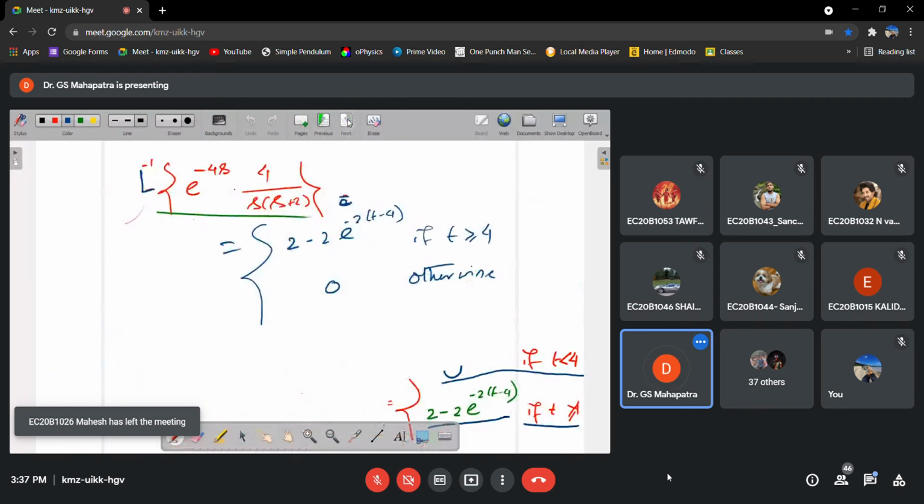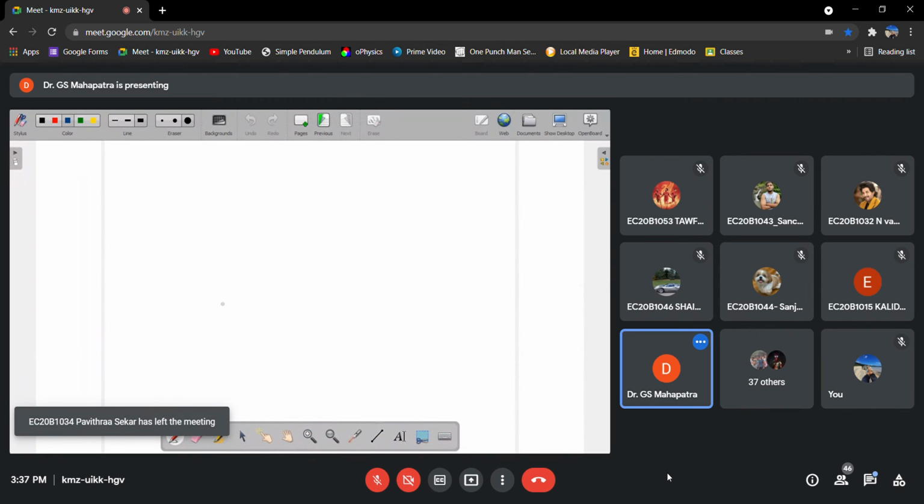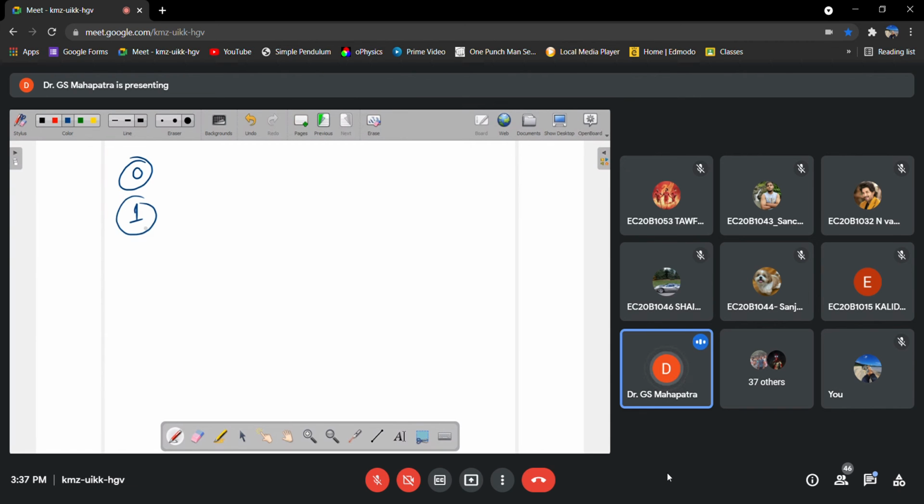Don't submit immediately. I will give you 3 problems. Take your roll number divided by 3 and the remainder. If the remainder is 0, you have to consider this problem. If the remainder is 1, this problem, and if the remainder is 2, this problem. Just choose your problem and solve it immediately and send it to me.